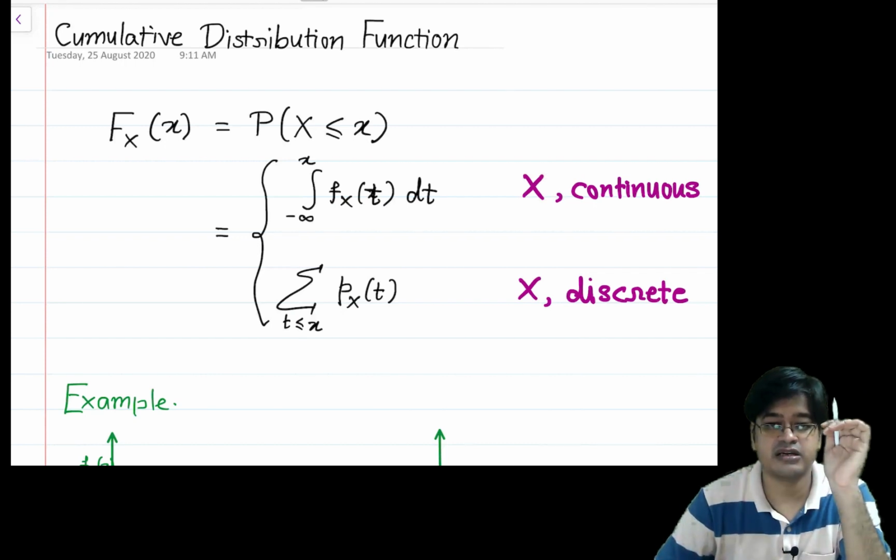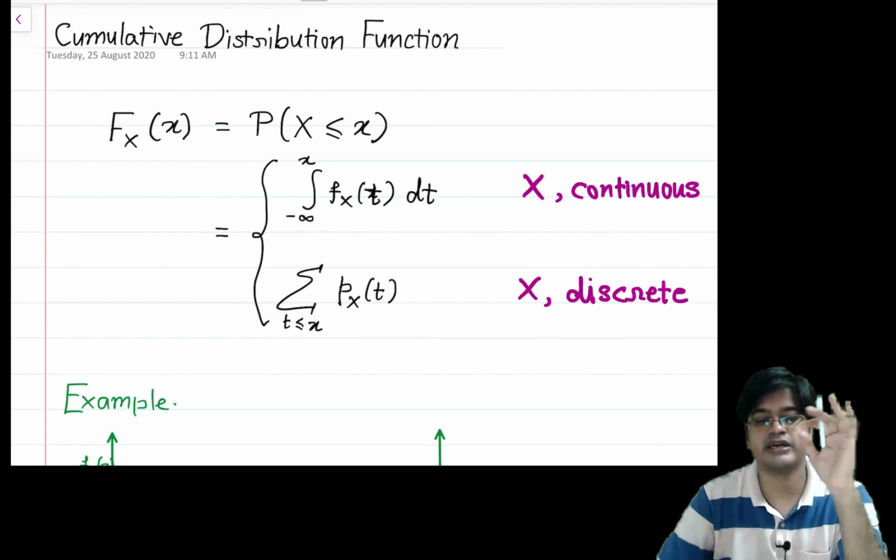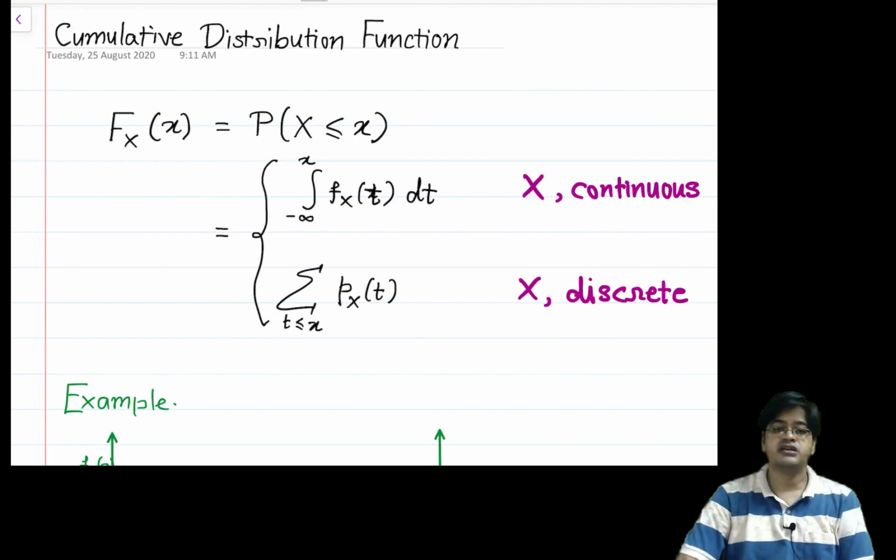In a similar manner, if I have been told that the random variable is continuous, then I need to work with probability density functions.